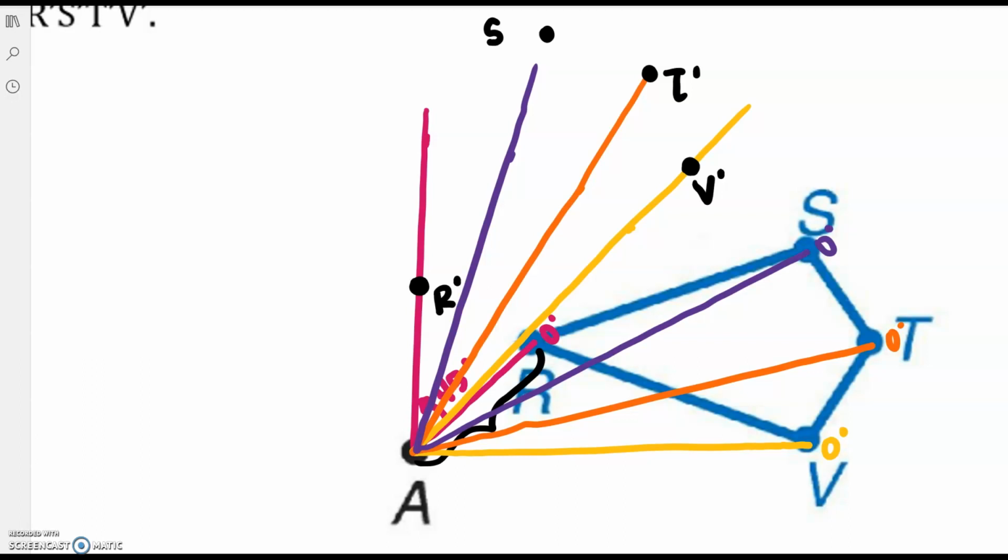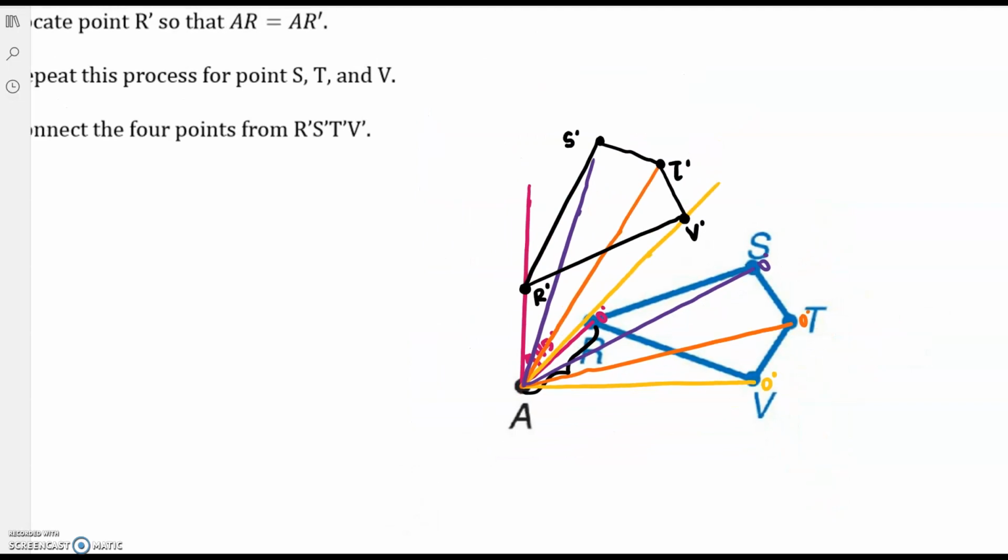S prime, and then when I get all of those plotted, I am going to connect my dots. And again, we will go over this a little bit more in class because you will be assessed over it. And there is my rotation of that figure.